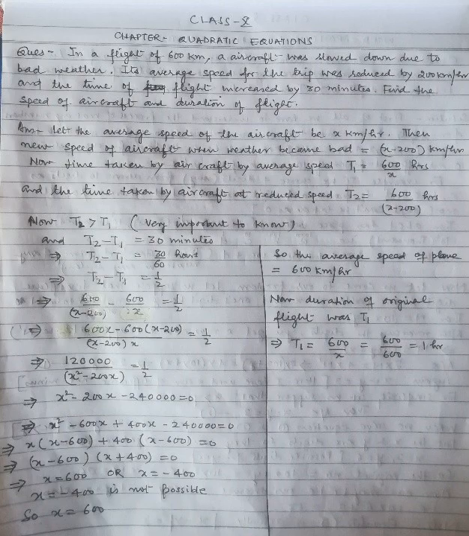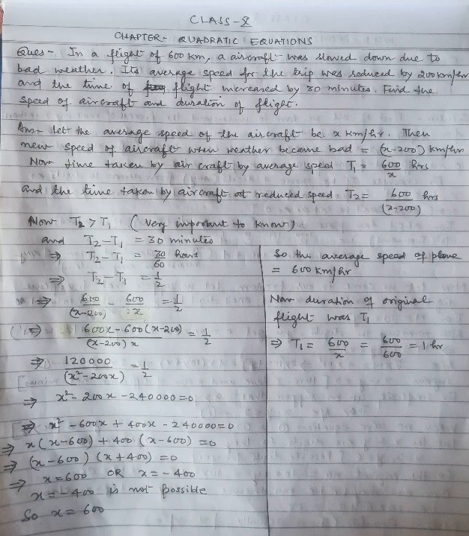So t2 minus t1 is given as 30 minutes, but everywhere we have calculated the time in hours. So let us convert 30 minutes into hours. t2 minus t1 should be equal to 30 upon 60. It means t2 minus t1 is equal to 1 upon 2.